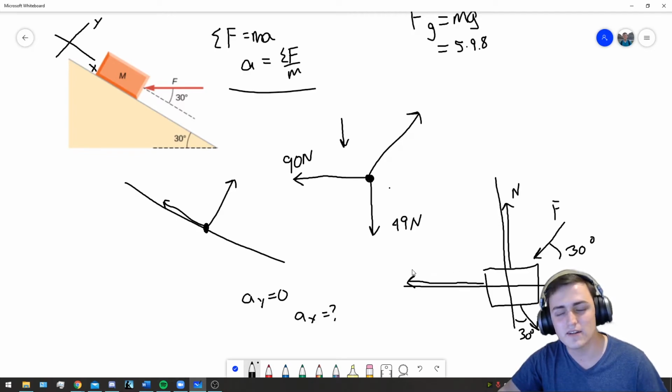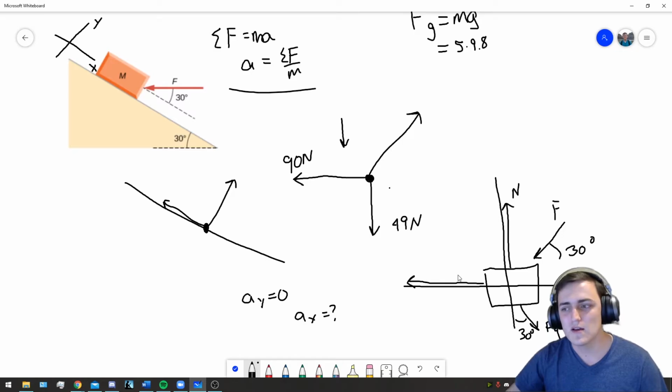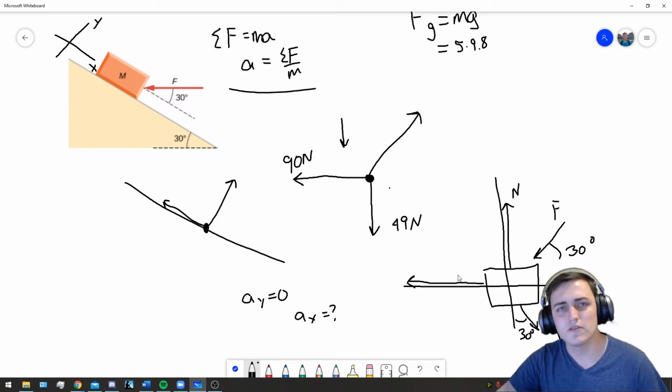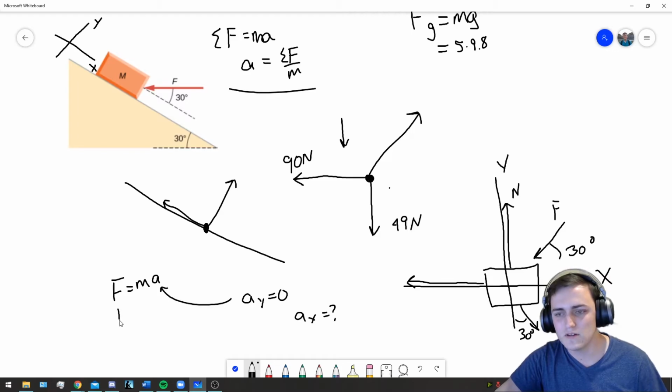That's what we're trying to find to help us solve this problem. But our y acceleration is 0 because there's no motion in that new y-axis. This is our y and our x here. And remembering that F equals ma, if a sub y is 0, then F sub y is 0, or the net force in the y direction is 0.